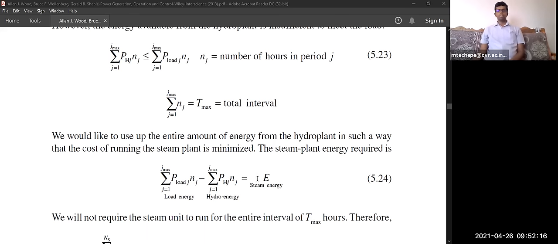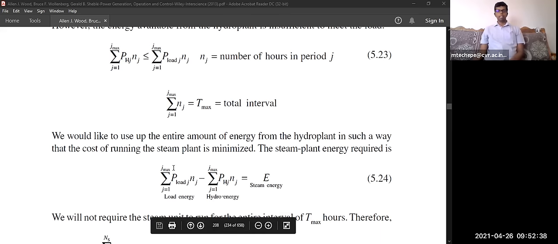So what we are doing is taking out the energy generated from the steam power plant alone. Not power, but energy. So steam energy is nothing but load energy minus hydro energy.